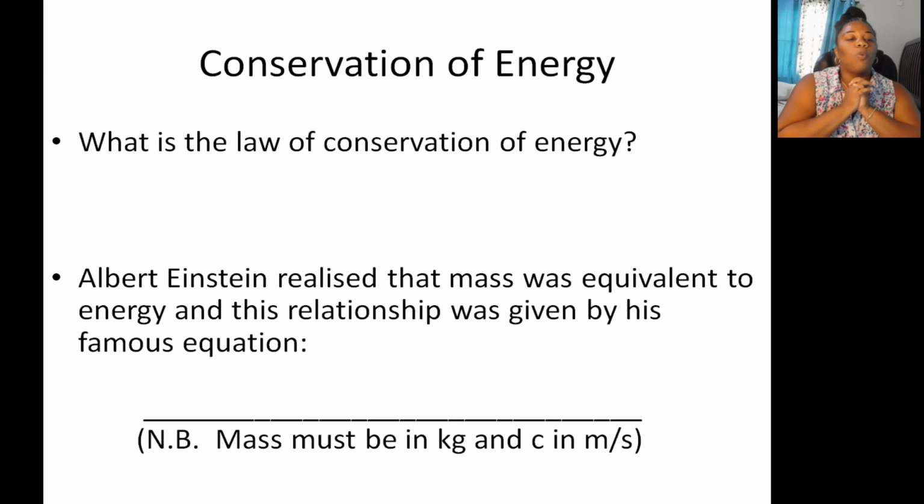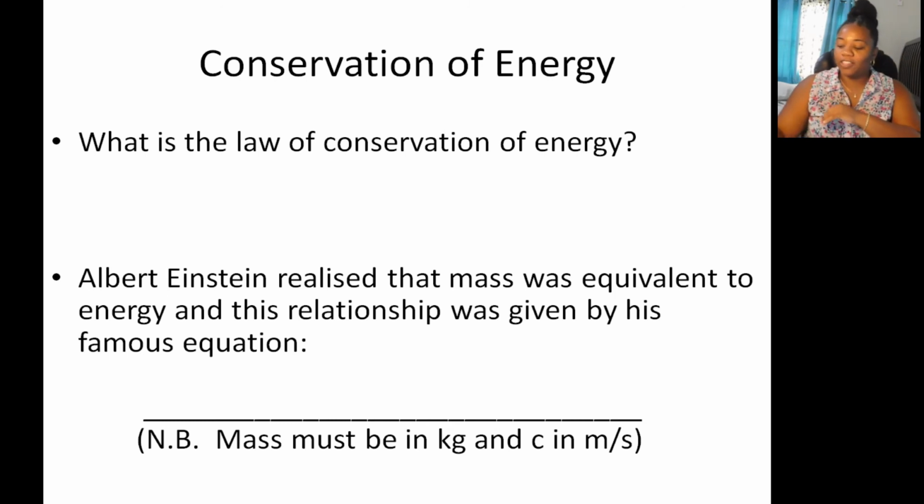Conservation of energy. What is the law of conservation of energy? Right. Now energy cannot be created or destroyed. It can only be transformed from one form to another. So Albert Einstein realized that mass was equivalent to energy, and this relationship was given by his famous equation.